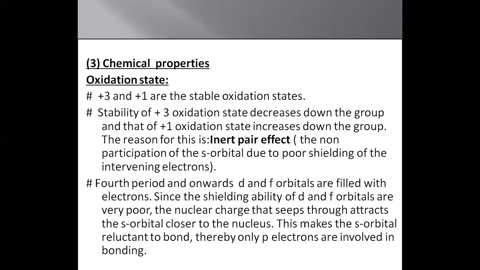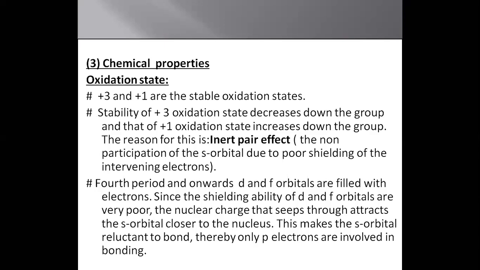Out of +3 and +1, which is more stable and why? As we move down the group, +3 oxidation state stability decreases and +1 oxidation state stability increases. The reason again is the same, the poor shielding effect of the D and F electrons.